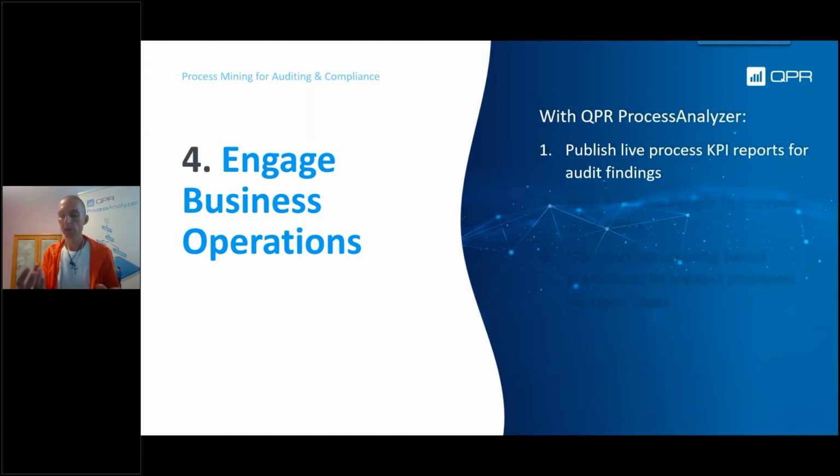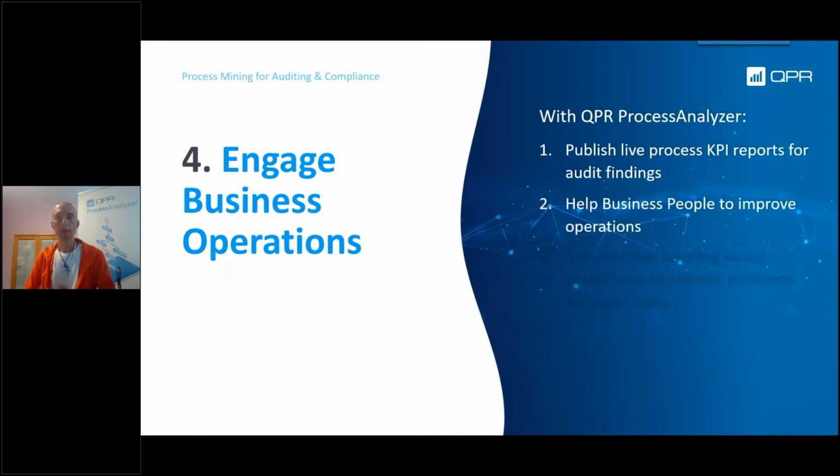So instead of just one static PDF report, you can publish the process KPI report so that they will see the problem themselves. They can do the root cause analysis themselves, and best of all, they can rerun the analysis with the new data as they are improving the operations. So that helps the business people to improve the operations.